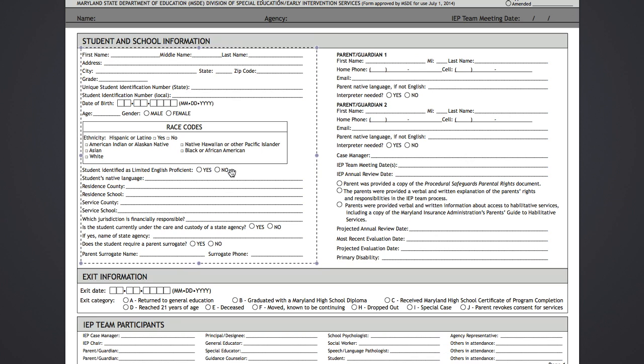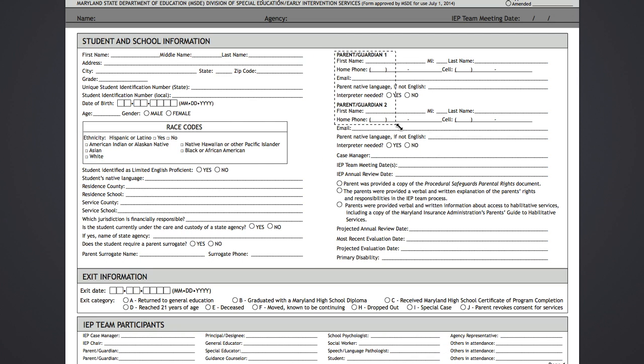If the student is a limited English speaker, that is also designated here, as well as the schools and the county that is providing service or fiscally responsible for the student. If the student has a parent surrogate who is acting in regard to their educational rights instead of a parent or a guardian, then that information is also indicated here.